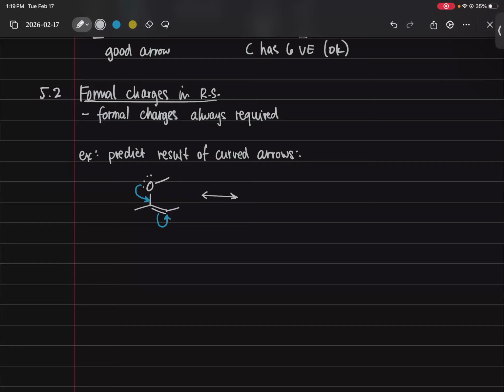And so if we're going to draw a resonance structure, which is just a different view of the same entity, then by definition, our other resonance structure has to be neutral. If we end up giving an atom a positive formal charge, that means an atom somewhere else will have to have a negative formal charge in order to cancel itself out and have an overall neutral charge.